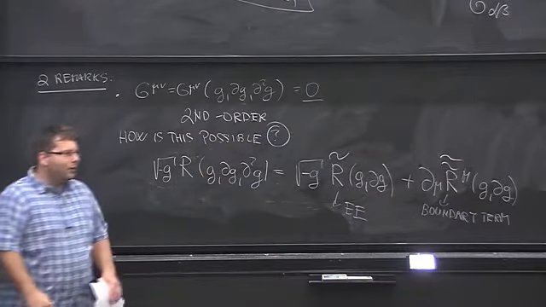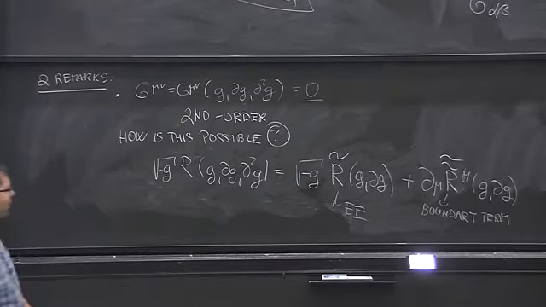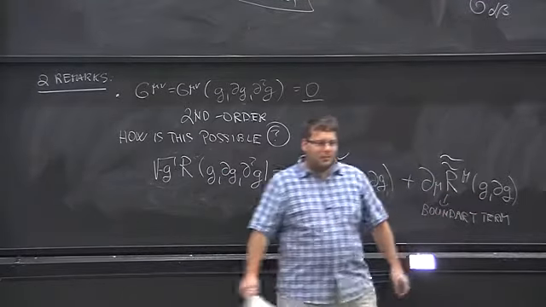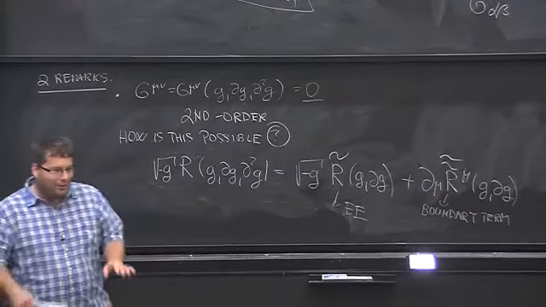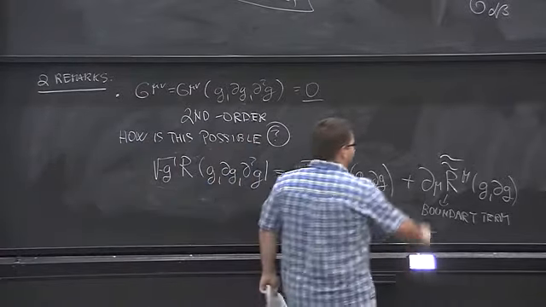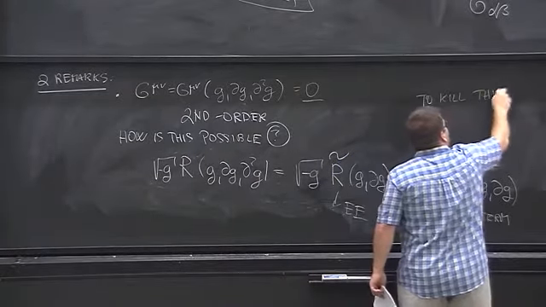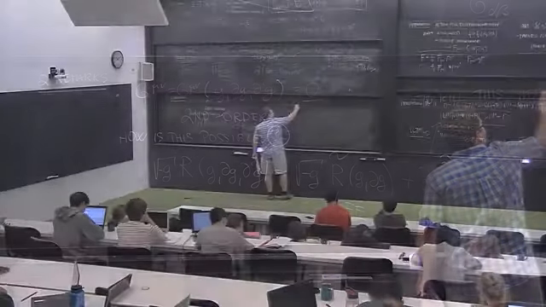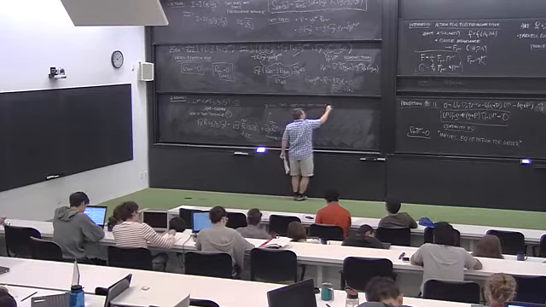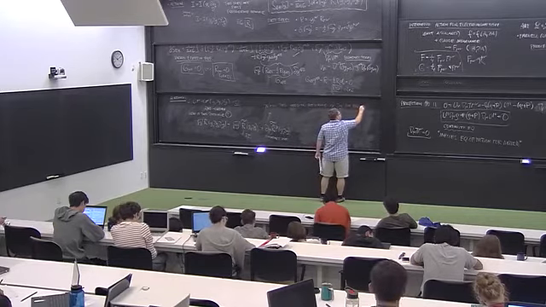But this boundary term depends on the metric and also on its derivatives. So to kill this boundary term, I need to prescribe the metric and the derivative of the metric on the boundary, in the same way as we had to prescribe q and q dot on the boundary. So I need to prescribe g and dg on the boundary.